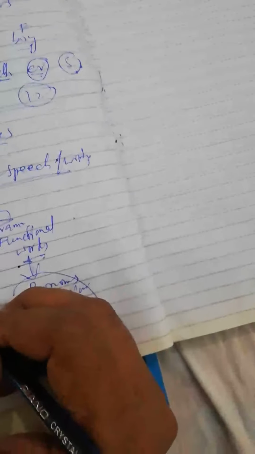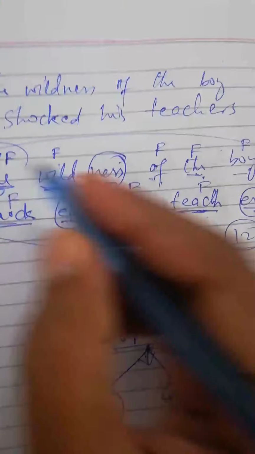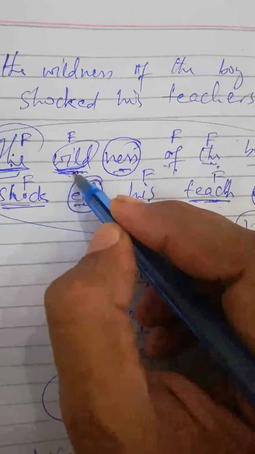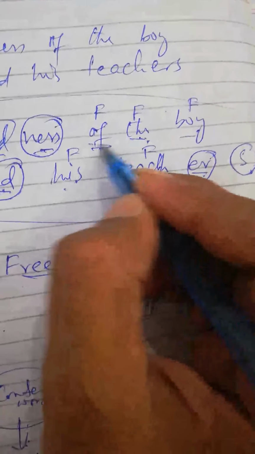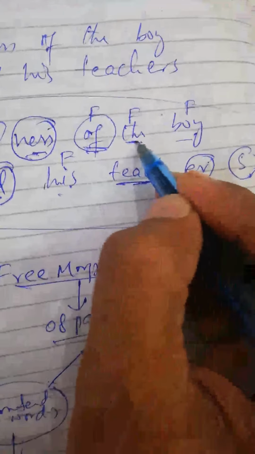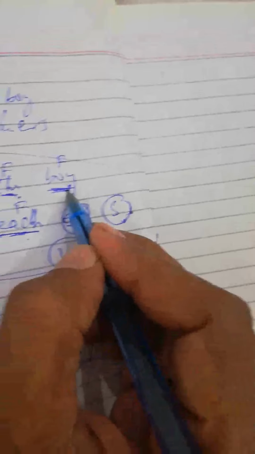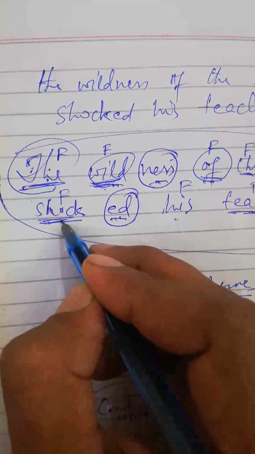So free morphemes can either be lexical, or content, words, or they can be functional words. As you can see, the is a free morpheme and a functional word. Wild is an adjective but a free morpheme. Of is a preposition. The is a determiner or article. Boy is a common noun. Shock is a verb.